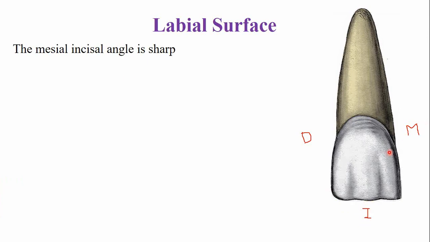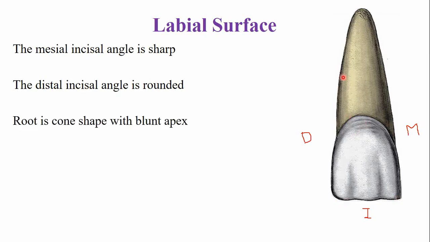The mesio-incisal angle: this is the mesial outline of the crown, and this is the incisal outline. So this angle is sharp. You can see clearly this angle is a sharp angle. While the disto-incisal angle, or distal incisal angle, this is the distal outline of the crown, and this is the incisal outline. The distal incisal angle is rounded if you compare it with the mesial angle.